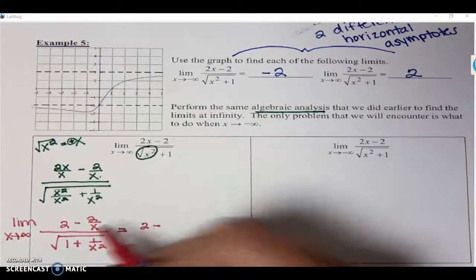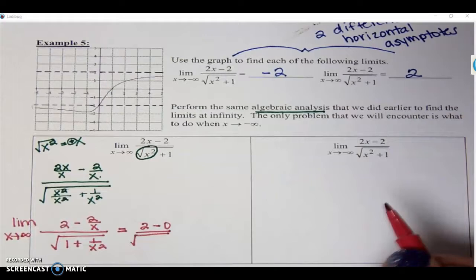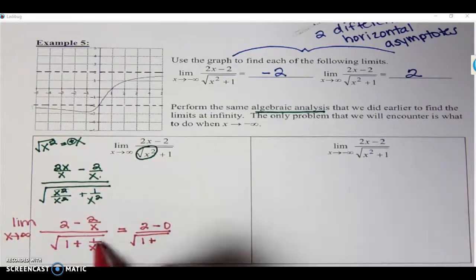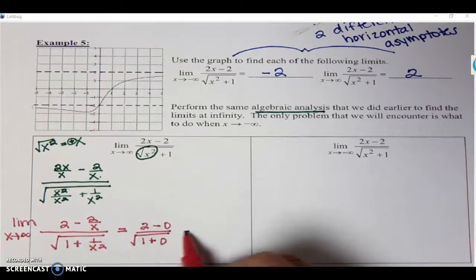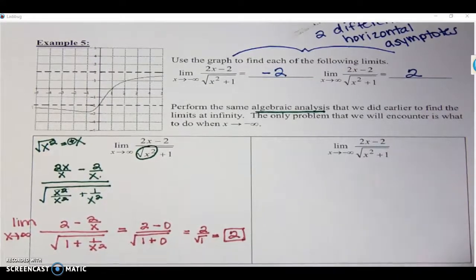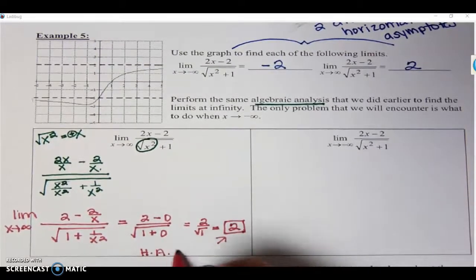Minus, we have the small over big, so that's going to be 0. Over, you do have to keep the square root. Constant, which is going to be 1. Plus small over big, which is going to give us 0. So we're going to have 2 over the square root of 1, which is going to give us 2. Okay, and so that does tell us that we have that horizontal asymptote at y equals 2.